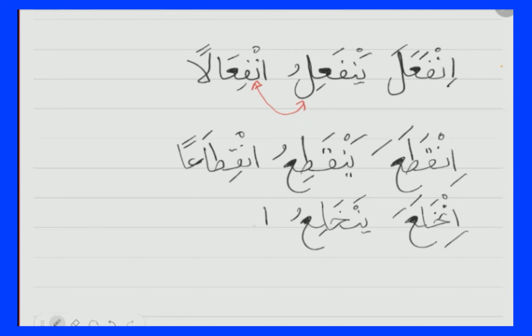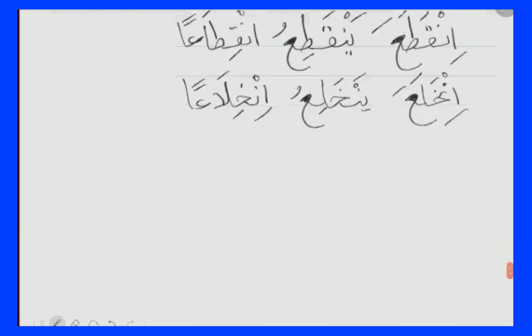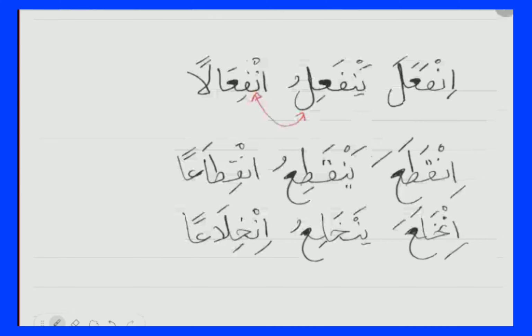And the masdar would be inkhila'a. Inkhala'a yankhali'u inkhila'a. Inqata'a yanqati'u inqita'a. A question, Shaykhi: what is the meaning of inkhala'a? To withdraw. Inkhala'a yadahu. He took his allegiance back.